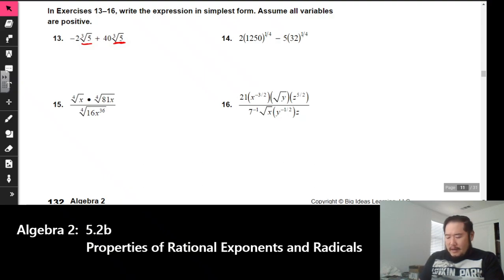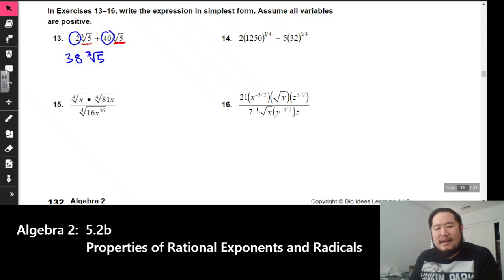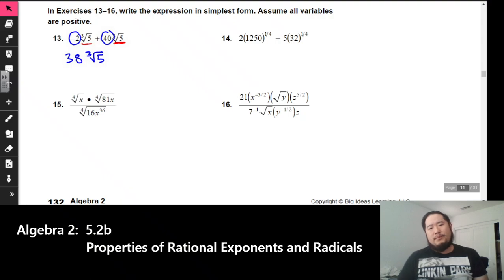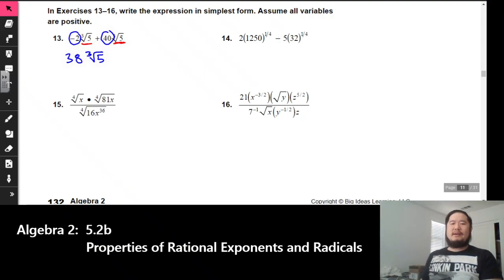I look at the negative 2 and the 40 and add them up, and that becomes 38. We got 38 cube root of 5. We went ahead and simplified that. I can't take the cube root of 5, I can't do anything with that. So that is it. All right, next up, let's take a look at 14.